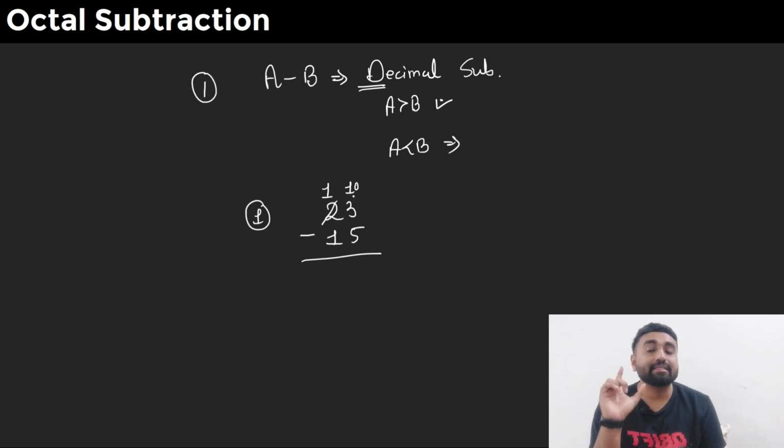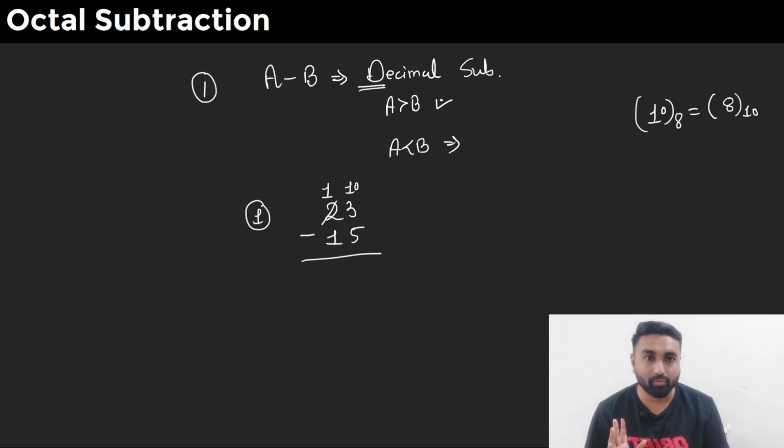That 10 is in the octal number system. That means in octal, 10 is equivalent to 8 in the decimal. That thing you need to keep in your mind. Otherwise, you will get more and more confused and you will end up doing the mistakes. So here 10 means 8.